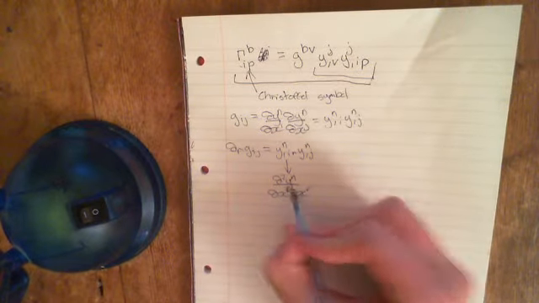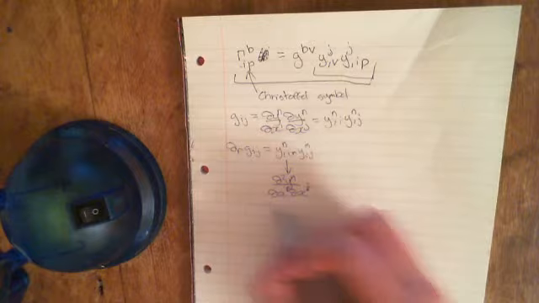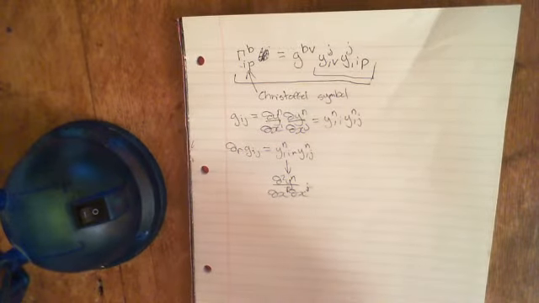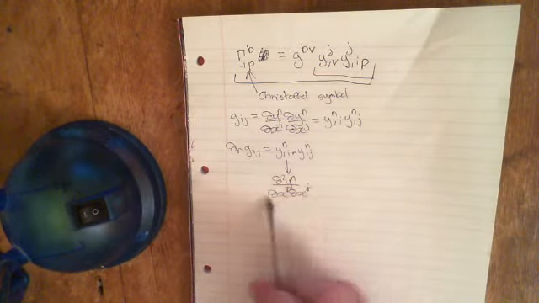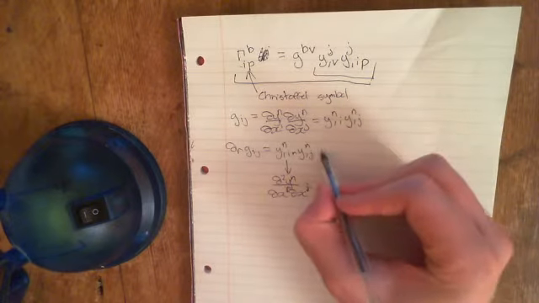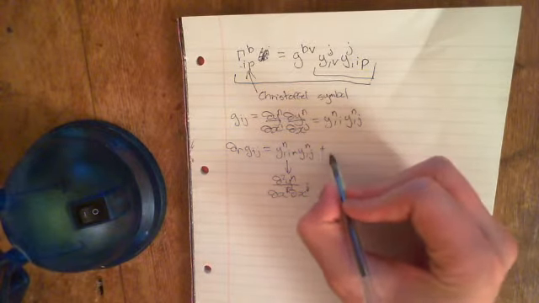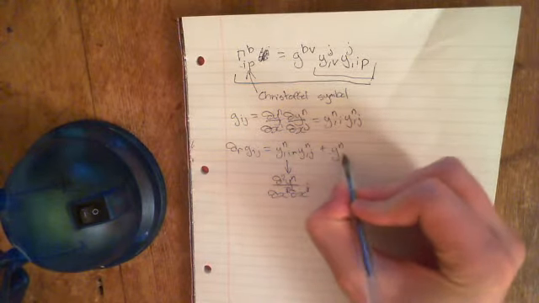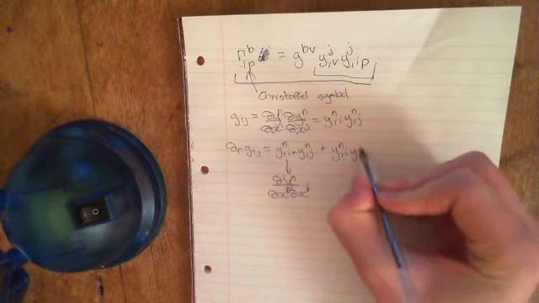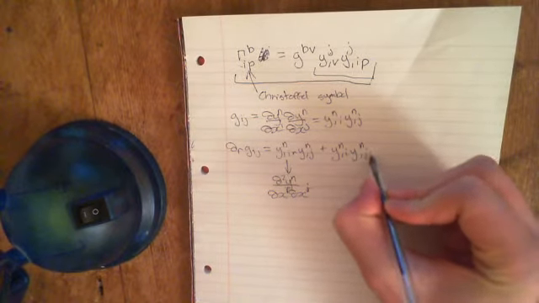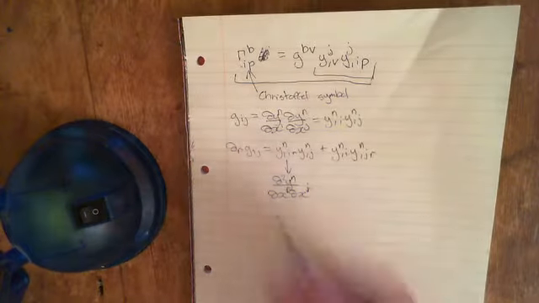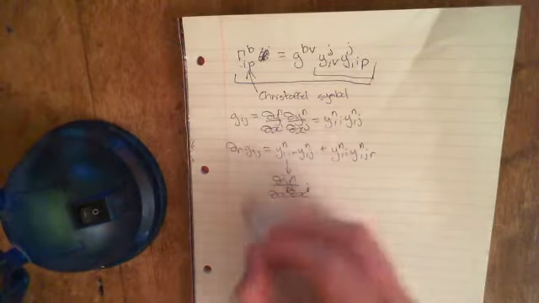In fact, it would be the other way around, but of course they commute, providing, in classical general relativity, these certainly commute. Plus the derivative of y^n with respect to x^i, times the derivative of y^n with respect to x^j and x^r. There. So this is our expression.